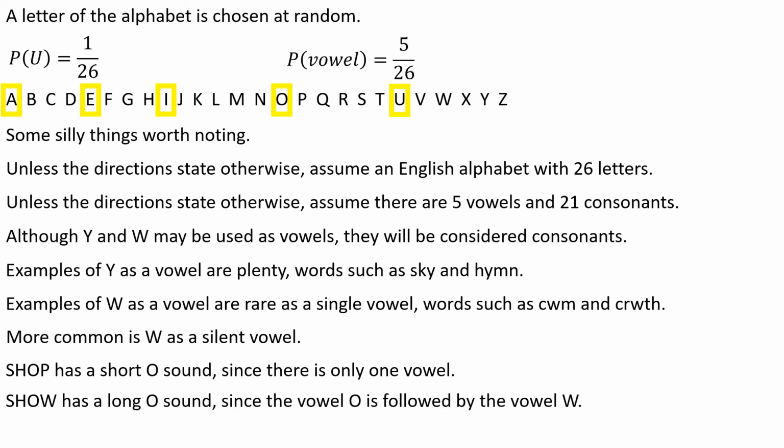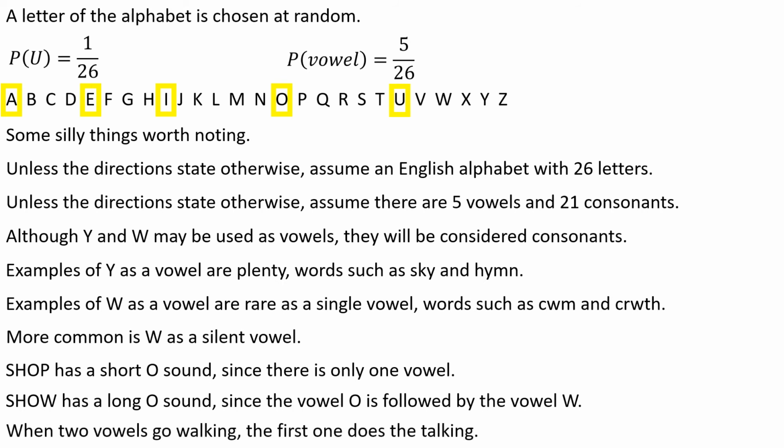But the word show has a long O sound since the vowel O is followed by the vowel W. Right? When two vowels go walking, the first one does the talking. It's one of the things I learned way back in, I don't know, first grade, second grade, somewhere back there.